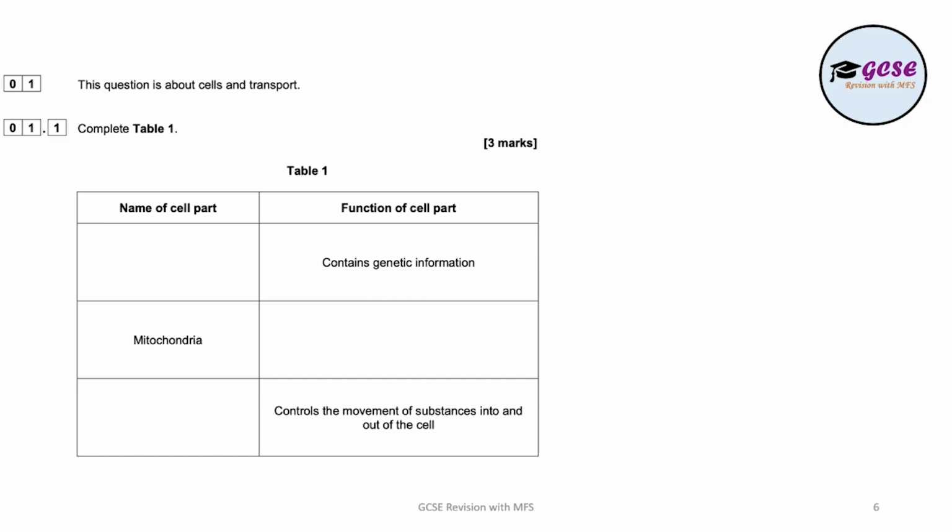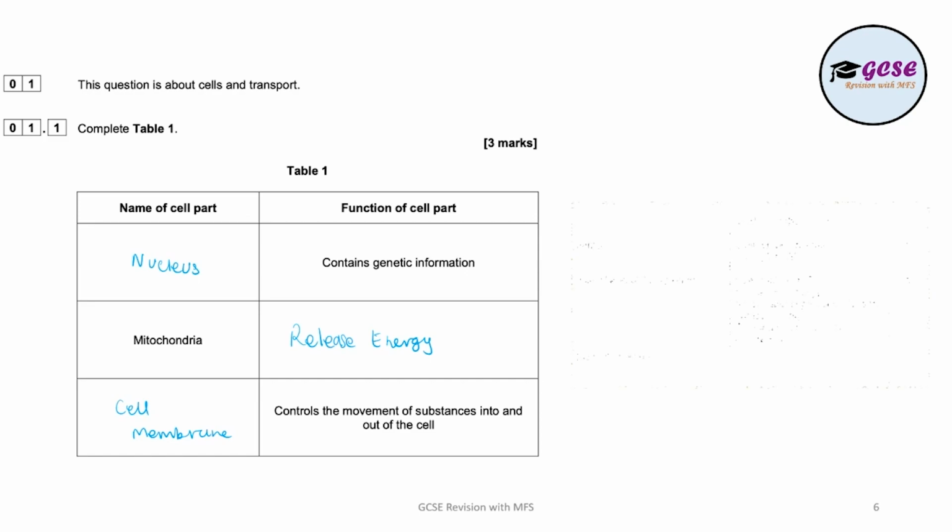Okay, so hopefully you've had a think about that. Contains genetic information, it's the nucleus. Mitochondria is to release energy, and to control the movement of substances into and out of cells, it's the cell membrane.